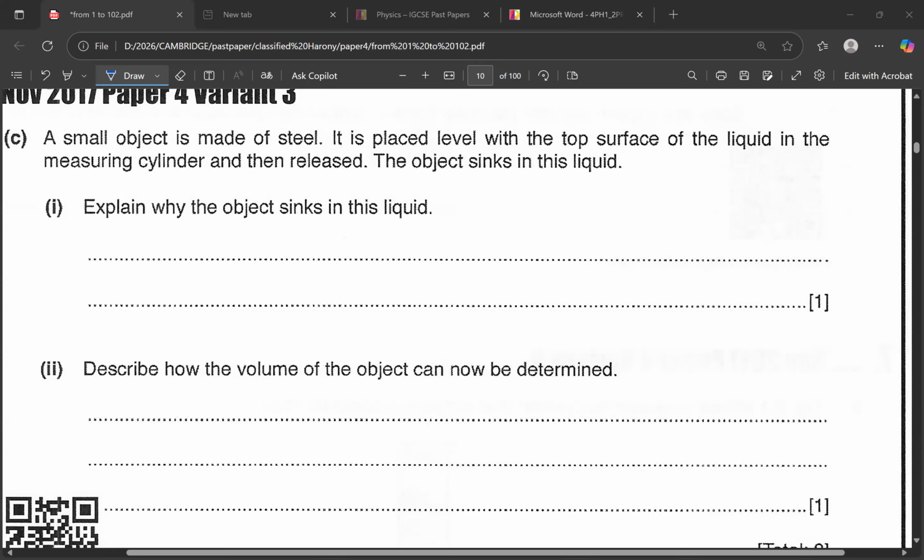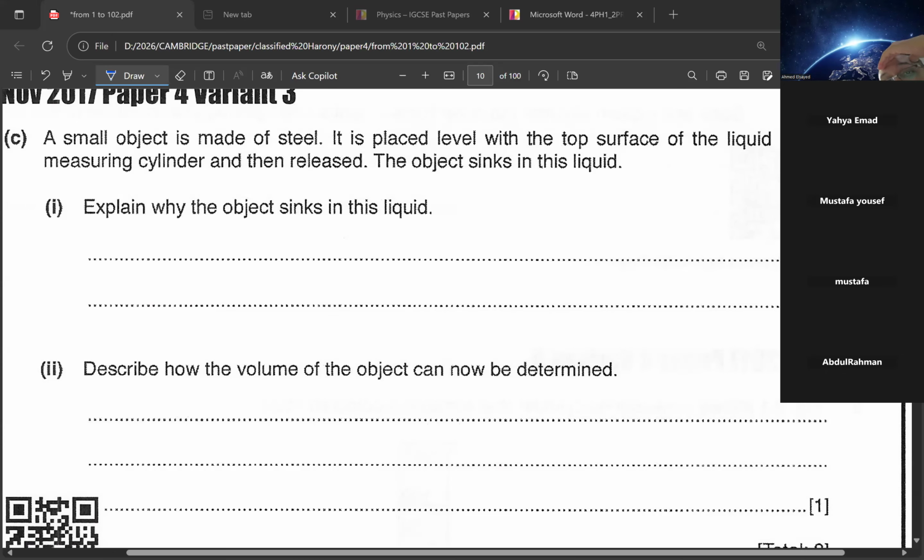So I still have Farida join, okay, and Mu'tasim. Okay, so all of you. Farida, Mu'tasim, Salma, Yahya. Okay. Let's continue.